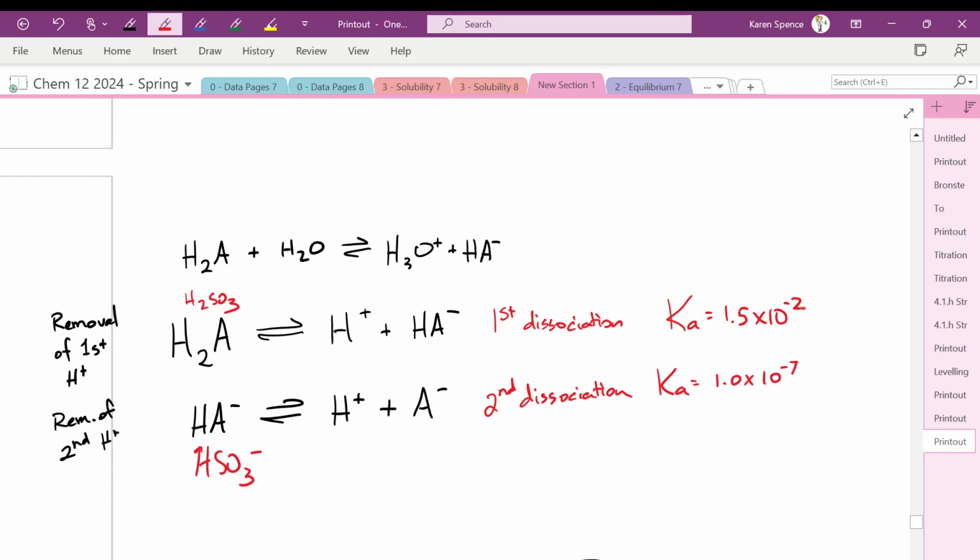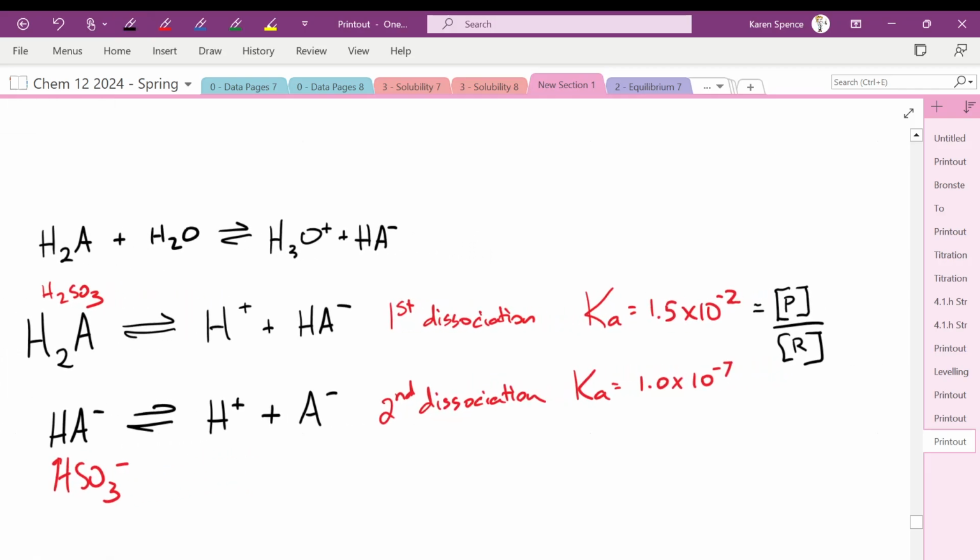Now, what is Ka really expressing? It is the ratio of products over reactants.